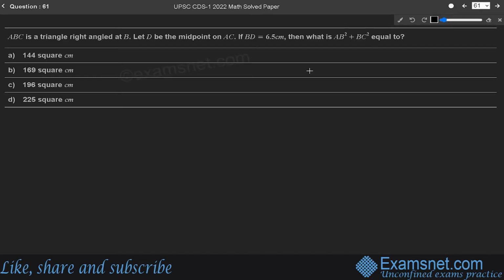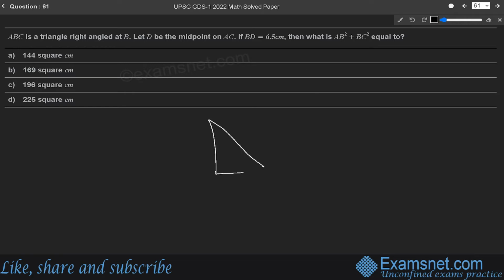Next question is, ABC is a triangle right angled at B. Let D be the midpoint on AC. If BD is equal to 6.5 centimeter, then what is AB square plus BC square equal to? As the question talks about a right angled triangle, first let us make the right angled triangle.